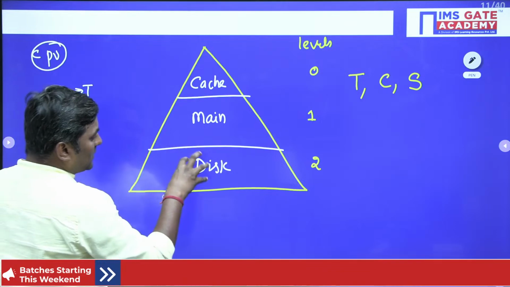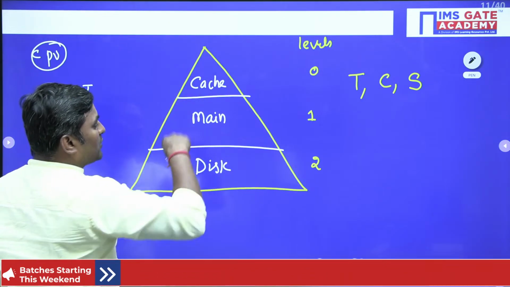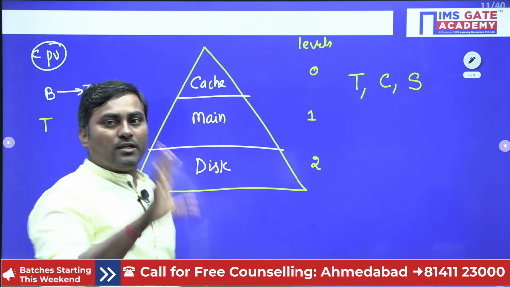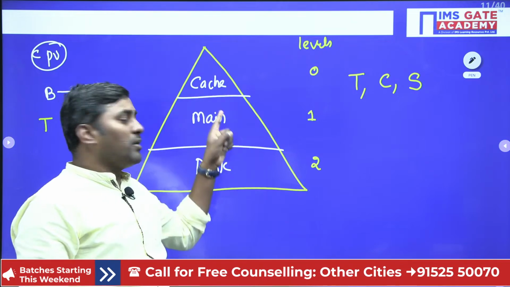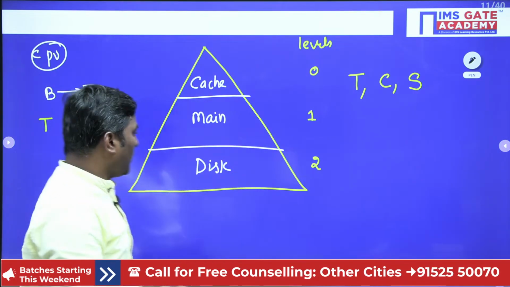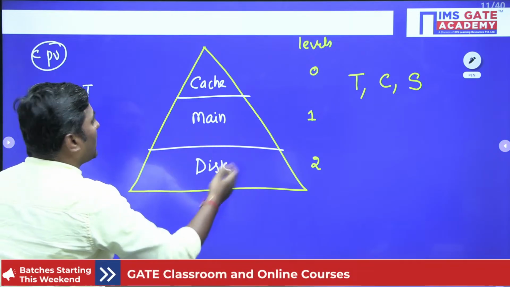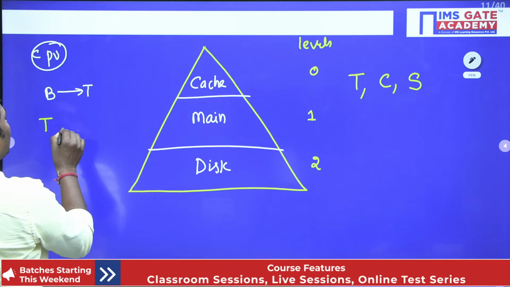I am accessing data from this area, looking bottom to top. Which memory component takes more time or less time? As I mentioned, main memories are faster and secondary memories are slower, so this memory takes more time. Moving from bottom to top, access time will decrease.